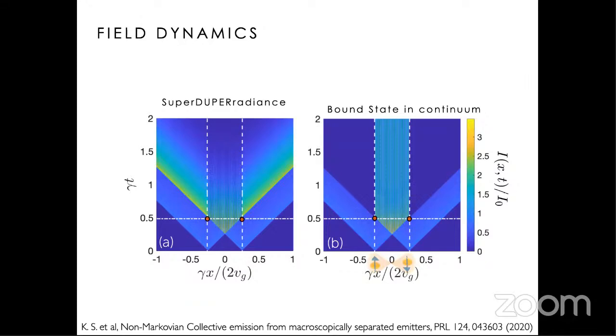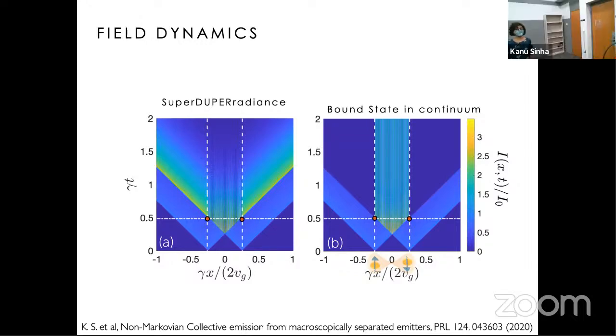Are these atoms that we're seeing here separated by how many wavelengths? Right, so several wavelengths. I don't remember the exact numbers, but they are separated on the scales of v over gamma, more like. So that's the coherence length of the photon.